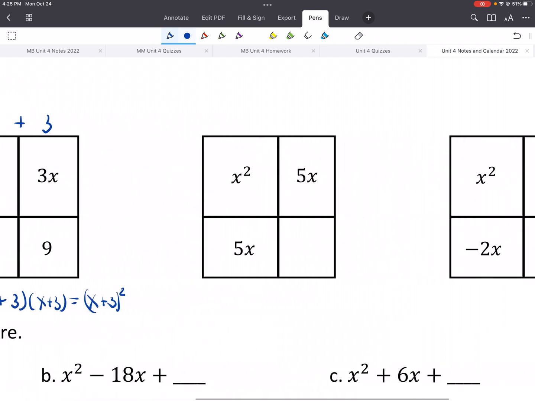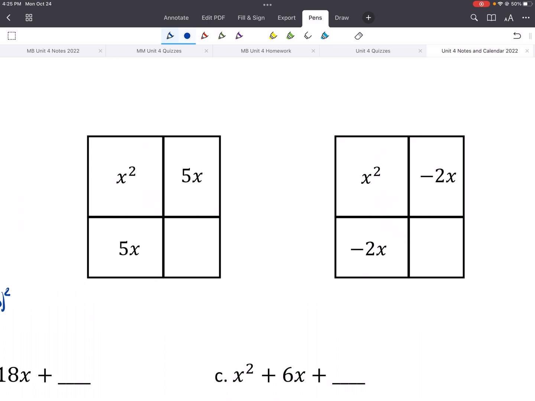Then we'll also have some problems here. See if you can pause and give this a try. See if you can figure out what that empty box needs to be. It might be helpful to factor out the greatest common factor, or think about what the width and length need to be. For example, x times x has to give you x squared.